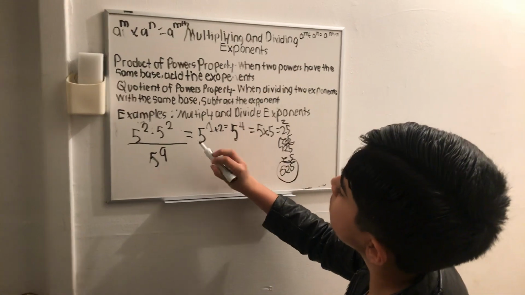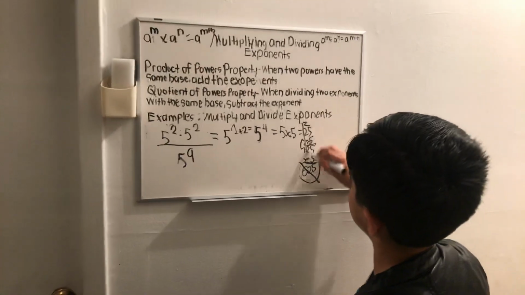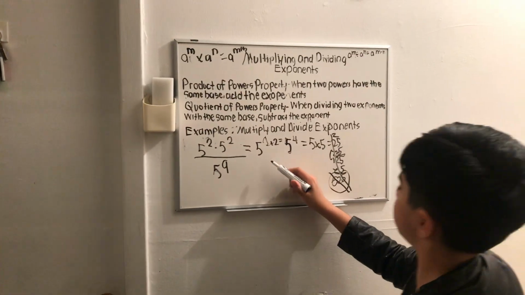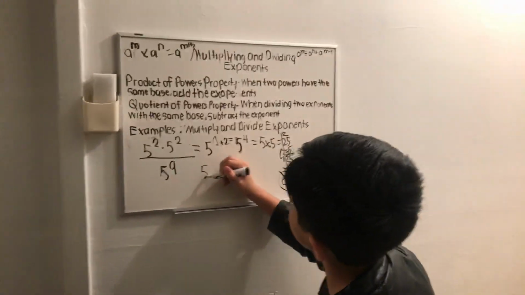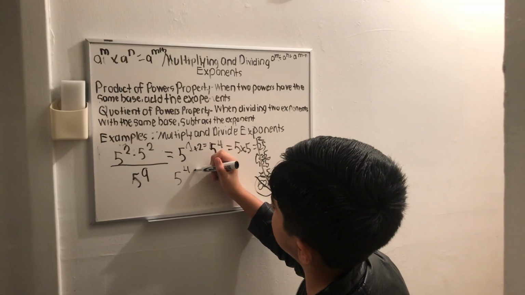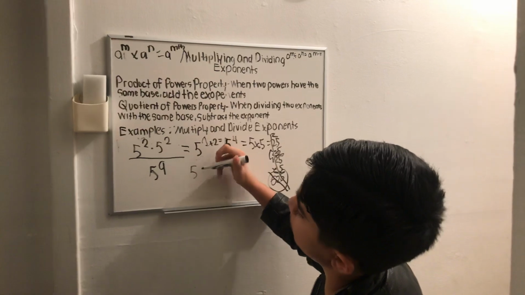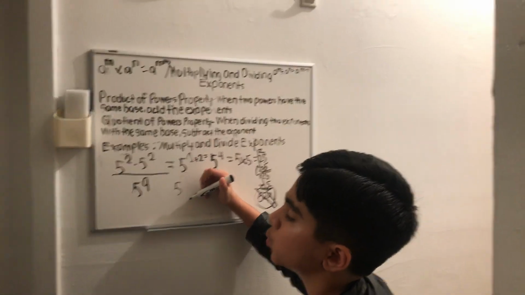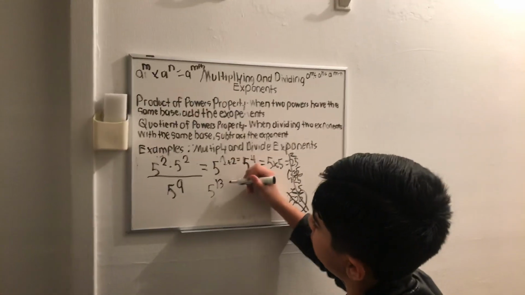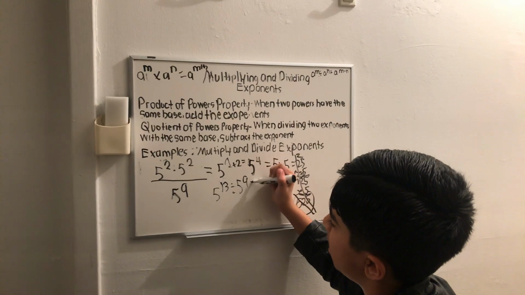So this part, let me just leave it as a base, because we're going to incorporate that into our answer. 5 to the 4th power. Actually, let's just do 5 to the power of 13 divided by 5 to the power of 9.